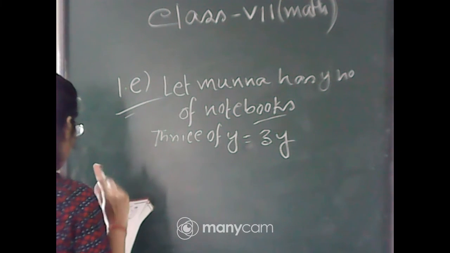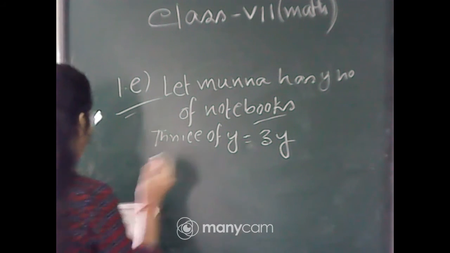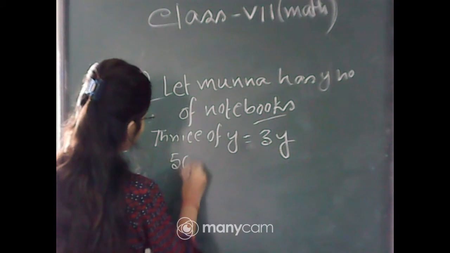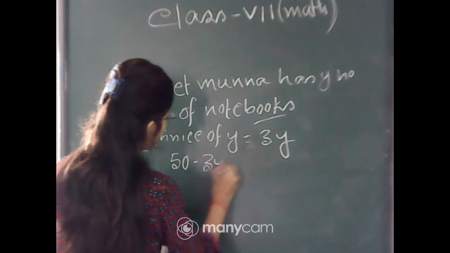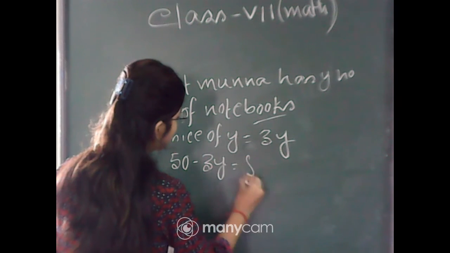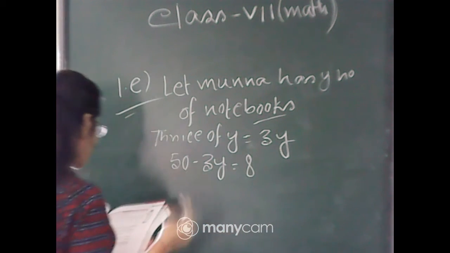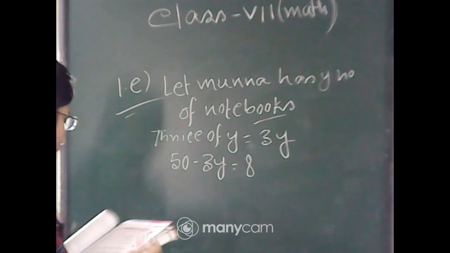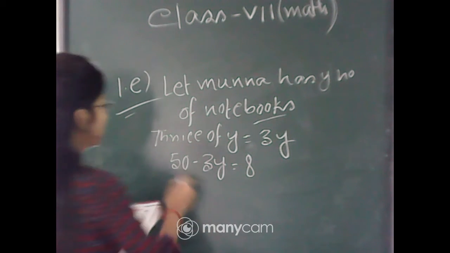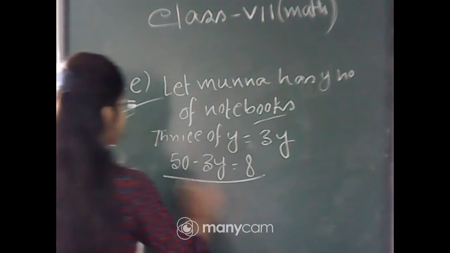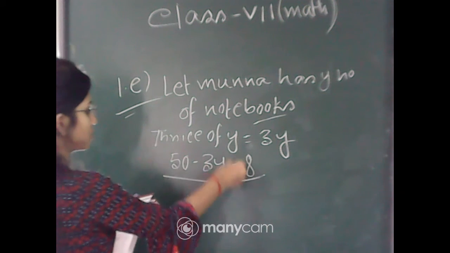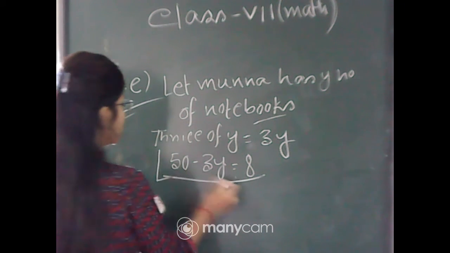Therefore, the required equation is 50 minus 3y is equal to 8. Now we solve this equation.